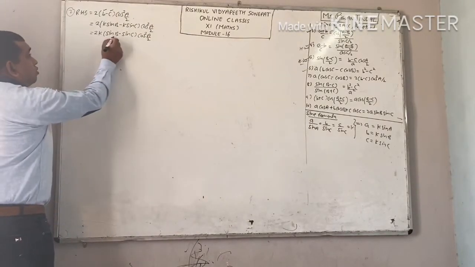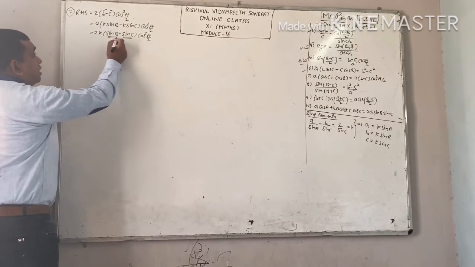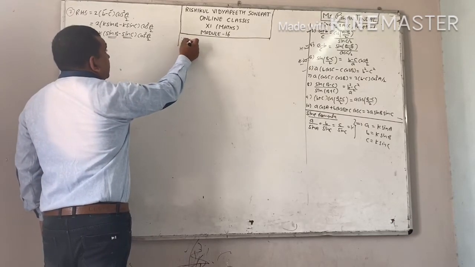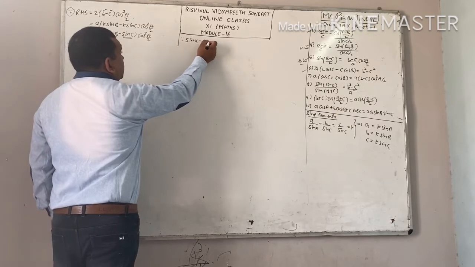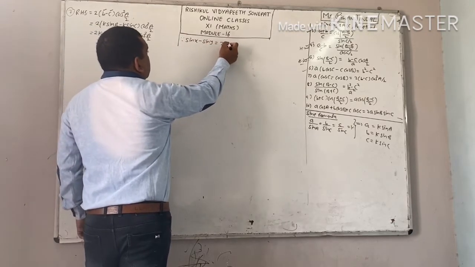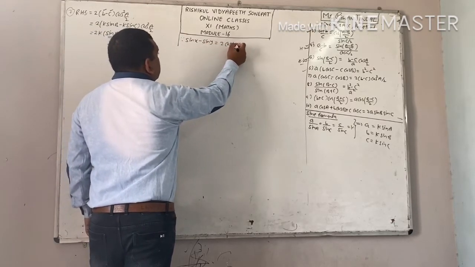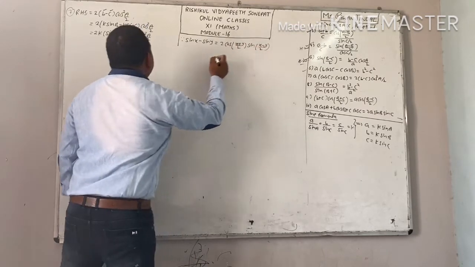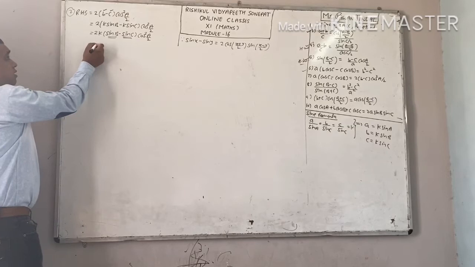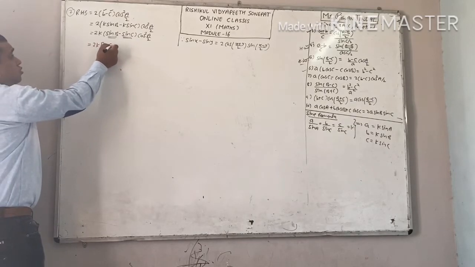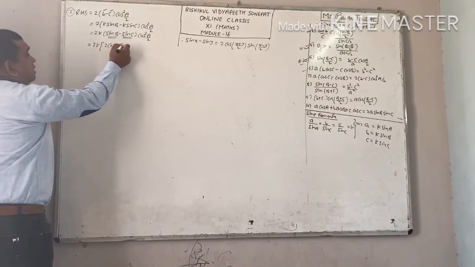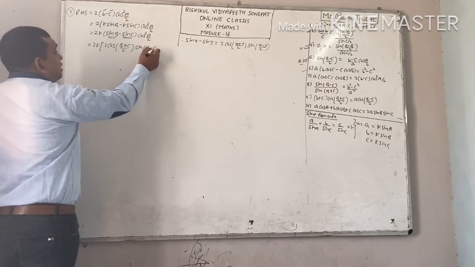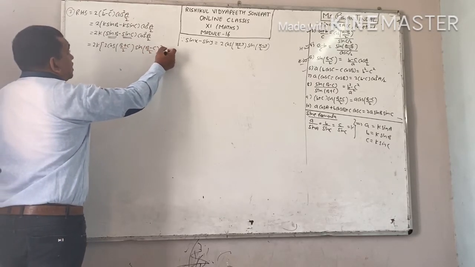Now two terms of sine are in difference. Apply the formula sin x minus sin y, and you know very well sin x minus sin y equals 2 cos (x plus y) by 2 into sin (x minus y) by 2. Apply it here: 2 cos (B plus C) by 2 into sin (B minus C) by 2, and this cos square A by 2.